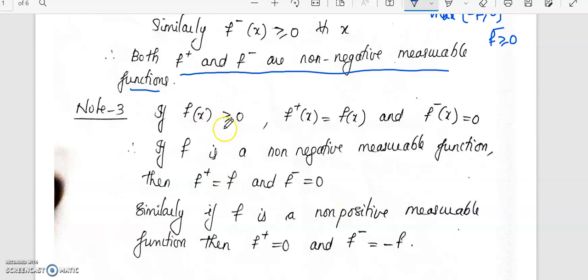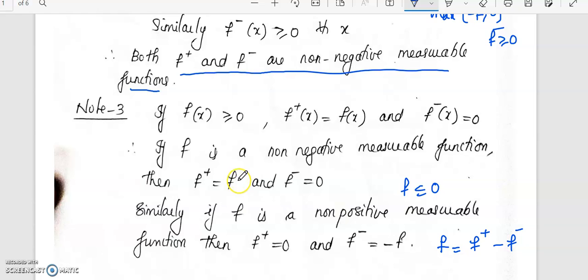If f is greater than or equal to 0, then f plus is equal to f and f minus is 0. Similarly, if f is a non-positive function, that is f is less than or equal to 0, in that case f plus will be 0 and f minus will be minus f. So we can write f as f plus minus f minus.